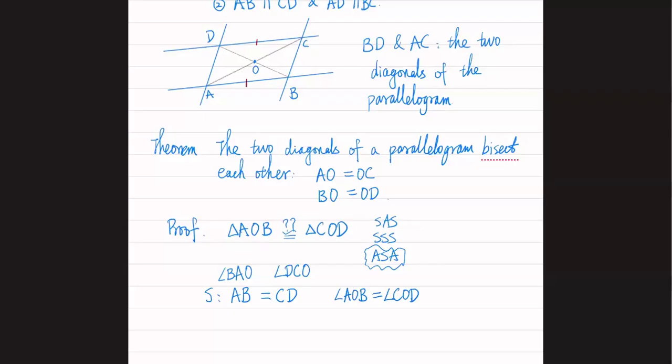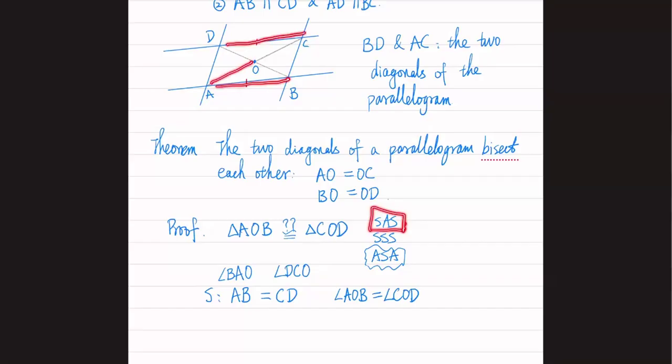Amy, any updates? I feel like I would use SAS. If we want to apply SAS, which sides are you picking? Sides AB and AO.